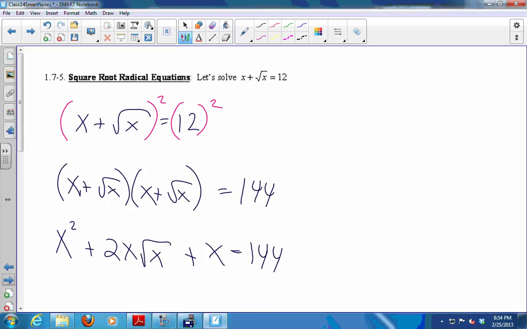So what could I do instead before squaring both sides? I start with x plus root x equals 12. So close.